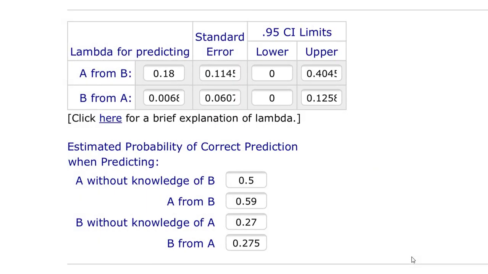The other thing that is important here that you will get on this web page is the confidence interval. Okay, so notice that here you're going to be getting the 0.95 confidence interval, and that needs to be reported. So it goes from 0 to 0.4045. Okay, so that's the information that you need to get from this web page.